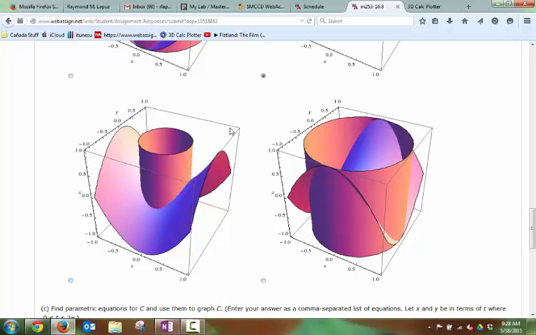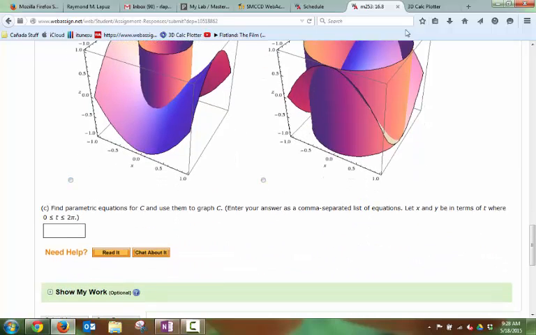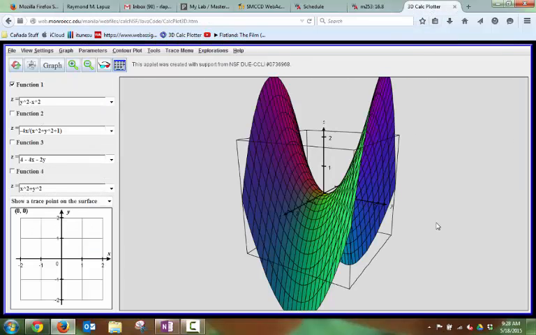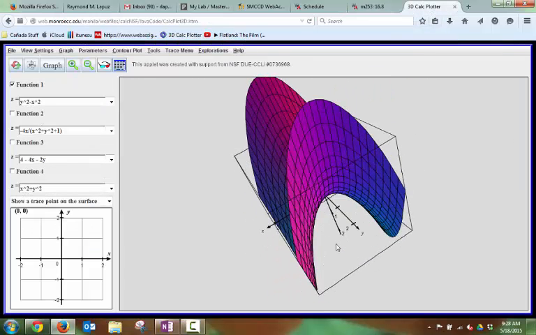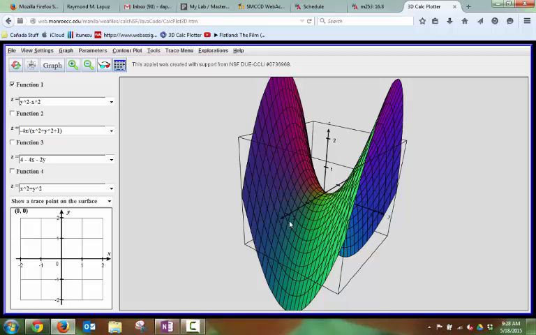But I think what would be good for us to do is to actually put it in a 3D plotter. I have this started over here. You can see that the x-axis is over here and the y-axis is this way. So when x is equal to 1 and y is equal to 0, I would actually see myself down here.